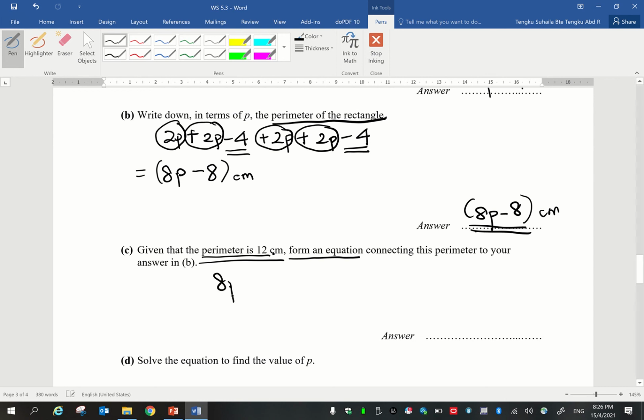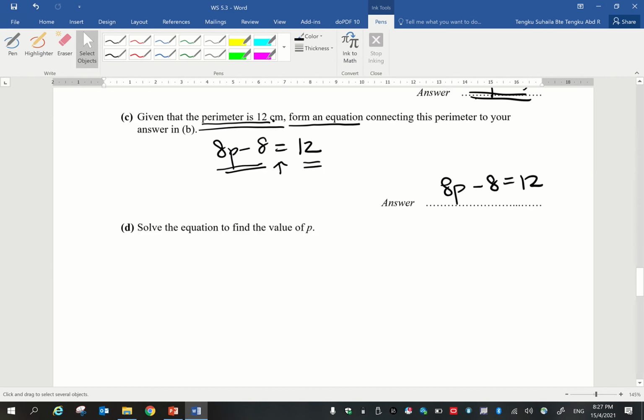And same in mathematics simply means equal. And there you go, you have formed an equation with the equal sign there. 8p minus 8 is equal to 12. This is perimeter in terms of p, this is perimeter in terms of number. That's the equation.